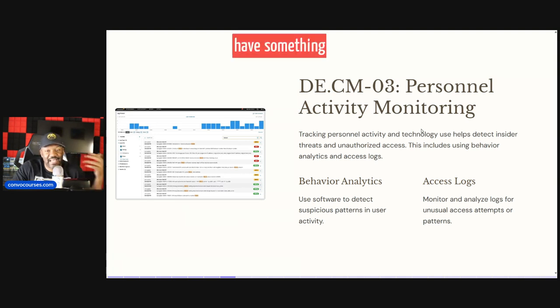So you probably need to have something in place, or some restrictions for data loss prevention, making sure that people are not extracting data from your network and putting it somewhere else that it's not supposed to be. So we're looking at behaviors and looking at access logs.